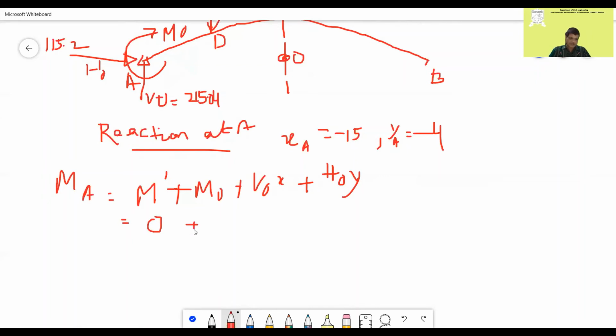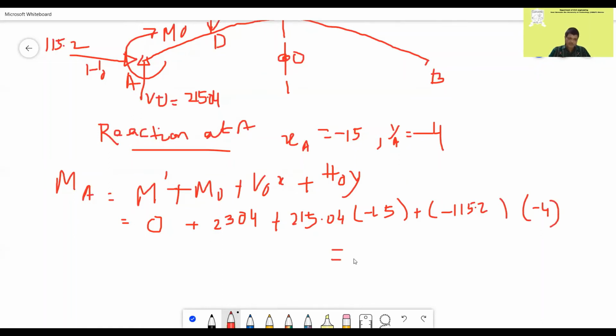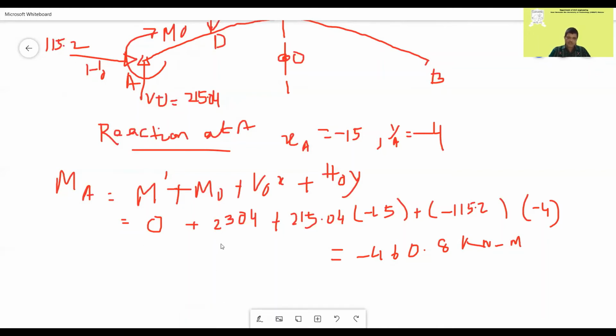Plus M0 we found, 2304, plus V0 we found, 215.04, into X equal to minus 15, and H0 we found as minus, so minus 115.2 into Y equal to minus 4. This will be minus 460.8 kilonewton-meter. Minus means tension will be outside. Tension positive is inside, so tension will be outside from this MA.